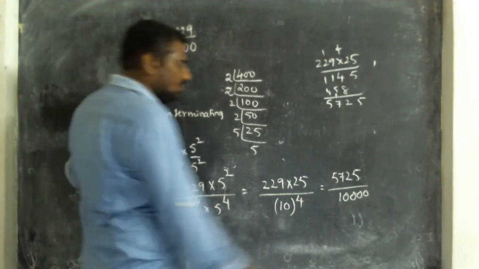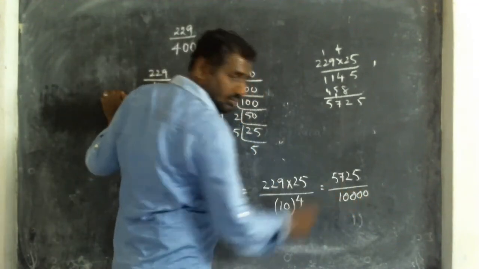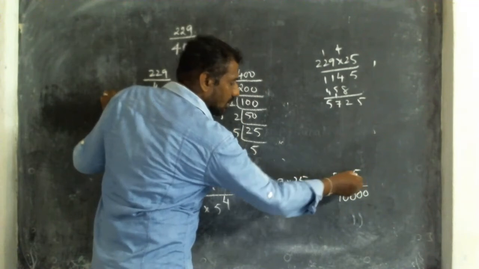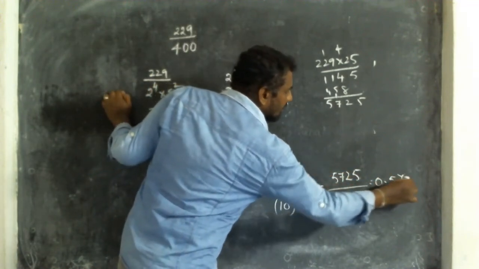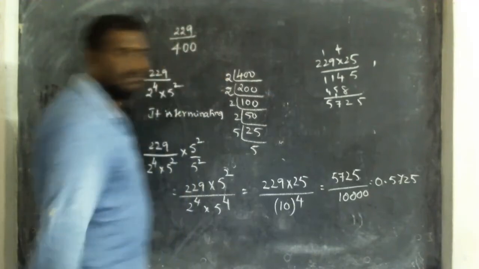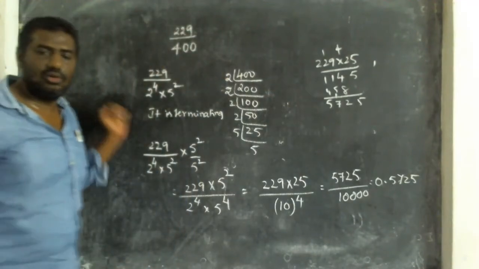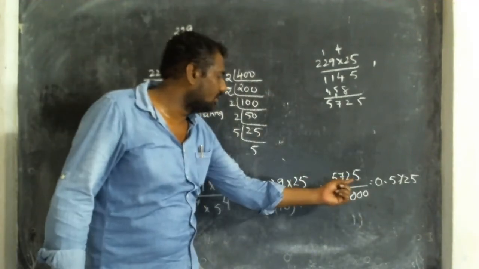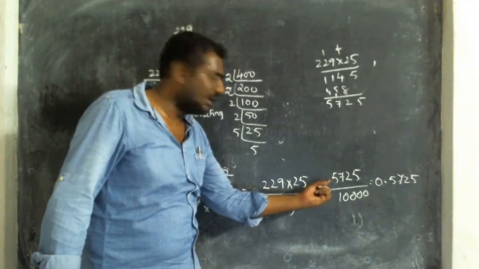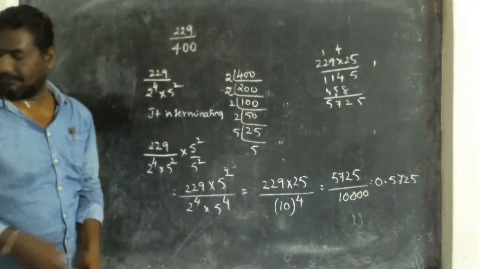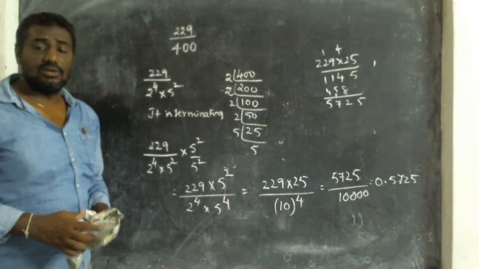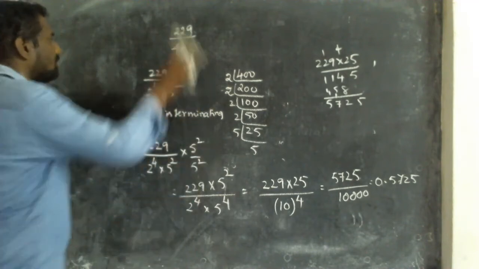Now here 4 zeros. Count from the right side: 1, 2, 3, 4. After 4 nothing is there, so we put 0 point. That is 0.5725. So this is a way of converting into decimal. We'll do the next problem.